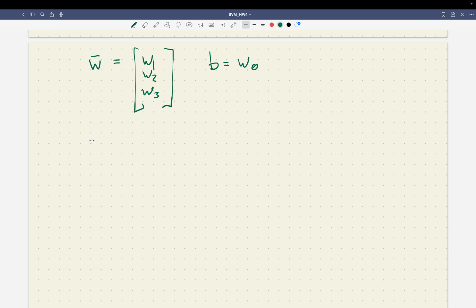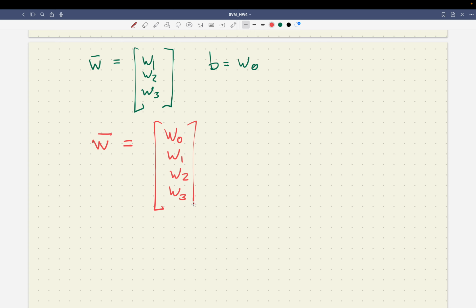What the notes are saying is that if you just have one big long W, so here I'll change the color because we're using a slightly different convention now, just imagine that this is W0, W1, W2, W3.